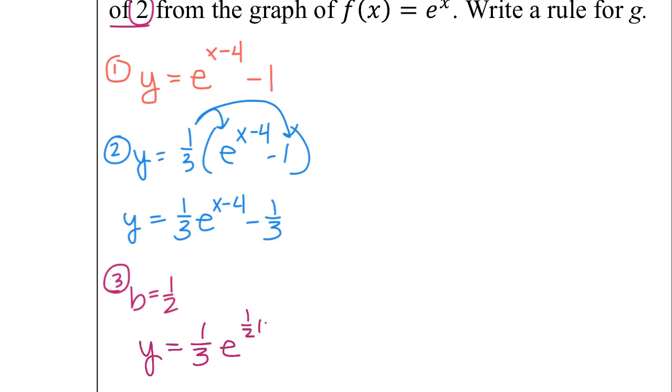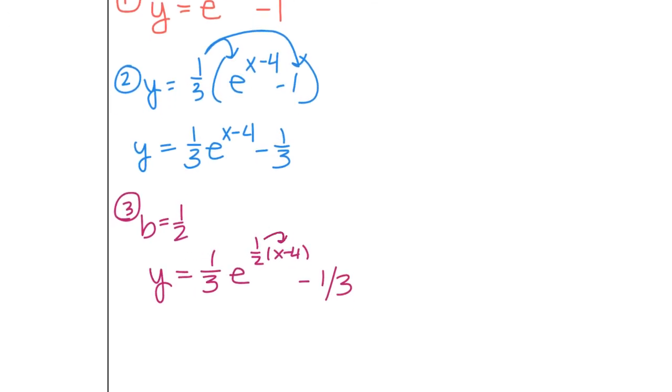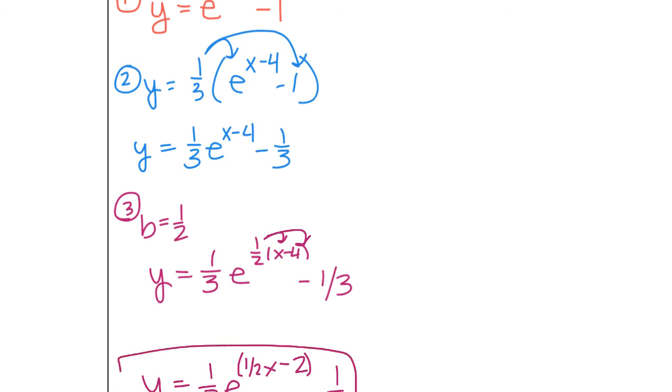So it's actually 1/2 times x minus 4 inside that exponent. So 1/2 times x is 1/2 x, and then 1/2 times negative 4 is minus 2, and then minus 1/3 on the outside. So all of this is actually inside the exponent. And there's the final transformed function.